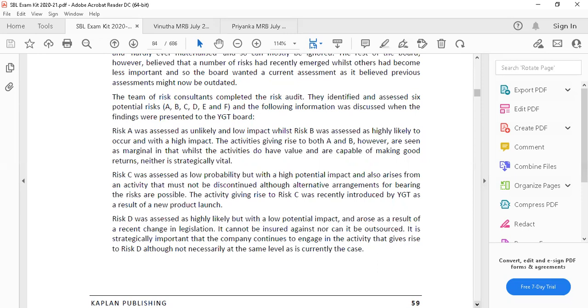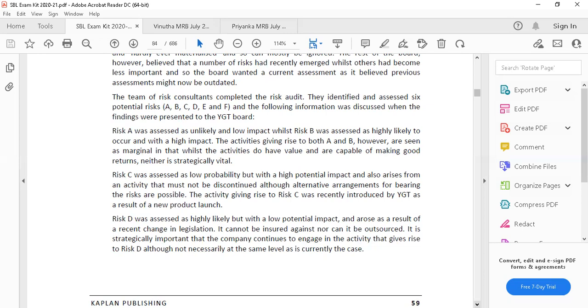Risk C was assessed as low probability but with a high potential impact and also arises from an activity that must not be discontinued, although alternative arrangements for bearing the risks are possible. The activity giving rise to risk C was recently introduced by YGT as a result of a new product launch.